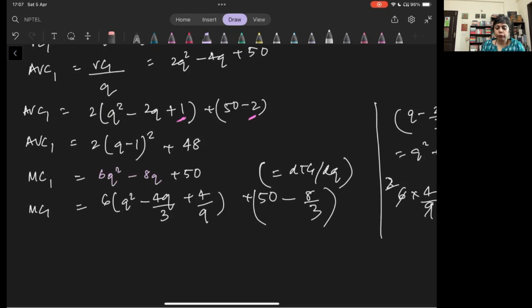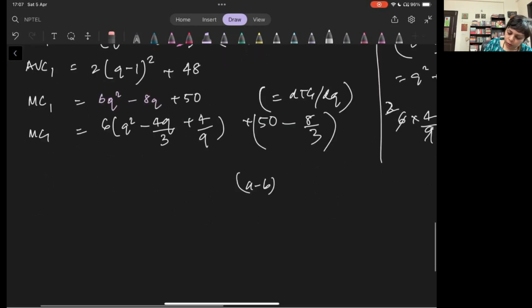Now, the coefficient of q tells me what the whole square might be. The expression (a minus b) whole square is equal to a² plus b² minus 2ab. I'm just trying to factorize it in this way. So if it is 2q times something, that means 4q by 3, that means 2 by 3 is the other term, and that is why I put a whole square of that inside, which is 4 by 9.